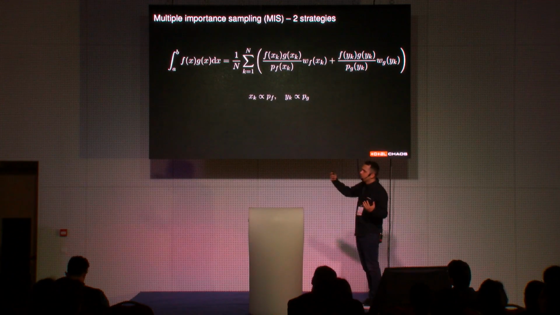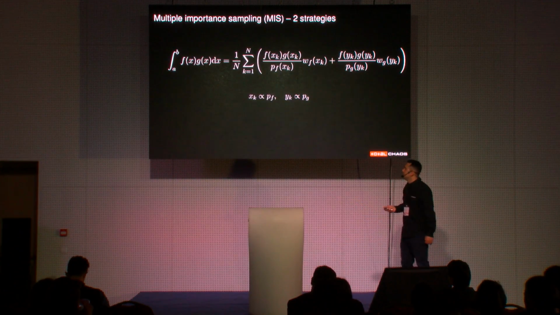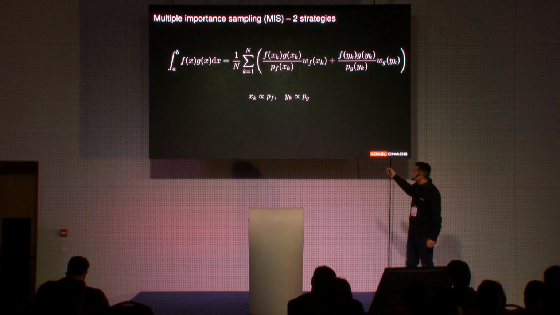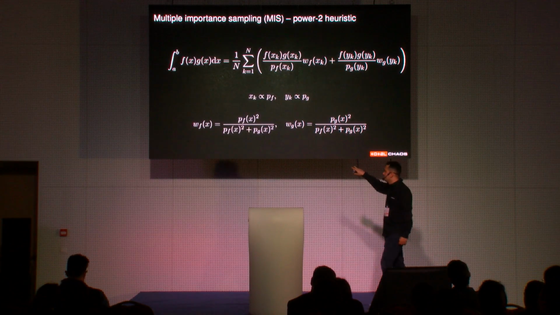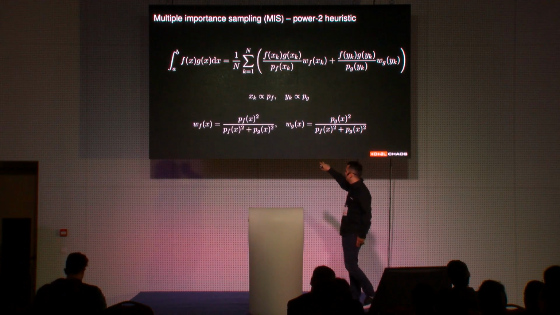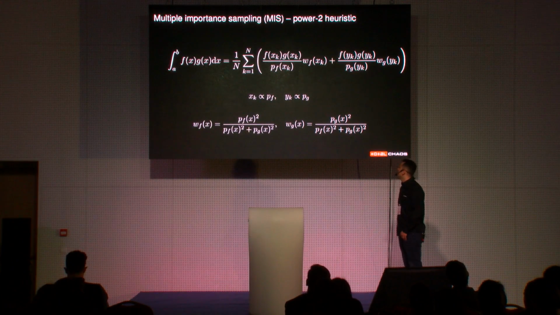We can have one strategy that samples one of the functions, and the other strategy can sample the other function, and we can combine them with these weights. I want you to notice that they sum up to 1, which is one of the important conditions, and this is called the power heuristic.